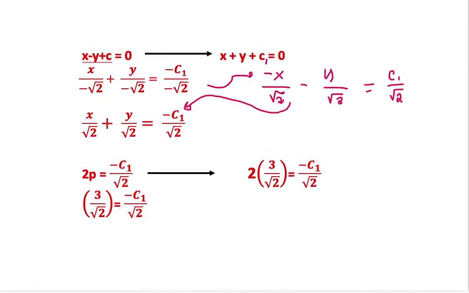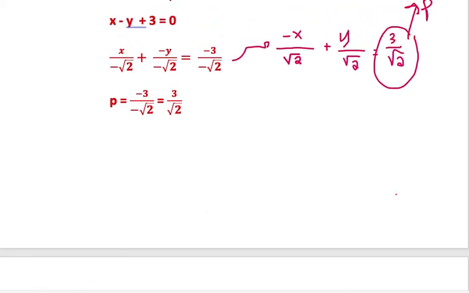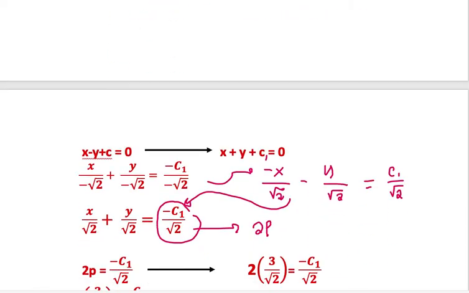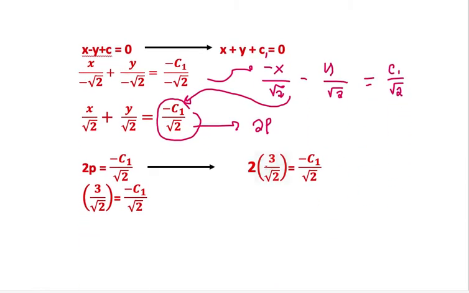Then, we all know that this will be our 2p, which is twice the distance p. So, 2p equals negative c sub 1 over square root of 2. And replace p by the value we have solved here, 3 over square root of 2. So, 2 times 3 over square root of 2 equals negative c sub 1 over square root of 2.